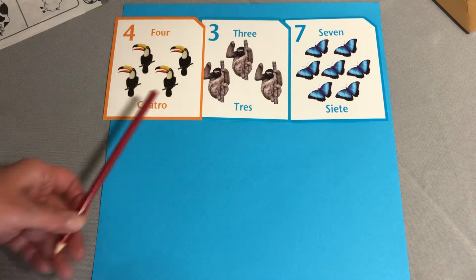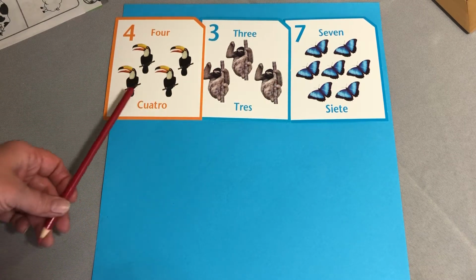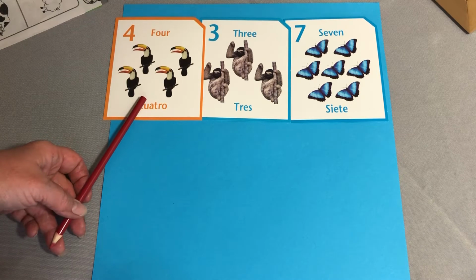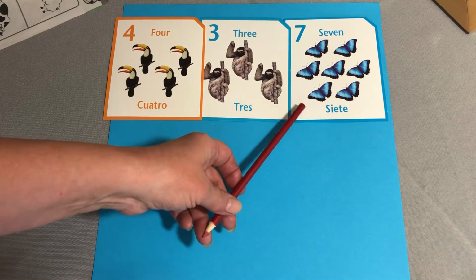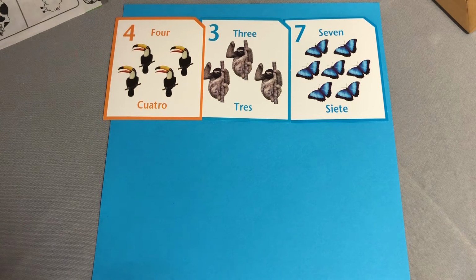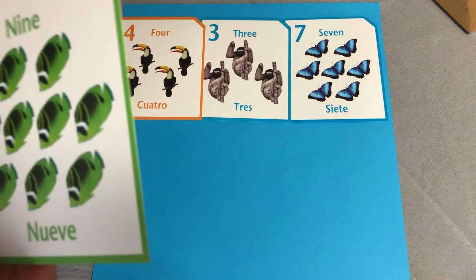I just have some counting cards with animals on them, so I thought I would use them. Here are some toucans, some sloths, and some blue morpho butterflies. They live in the rainforest, and that is one of my favorite habitats to study.